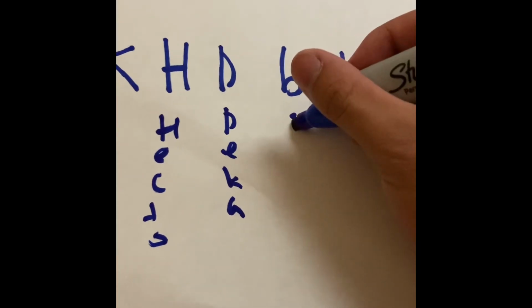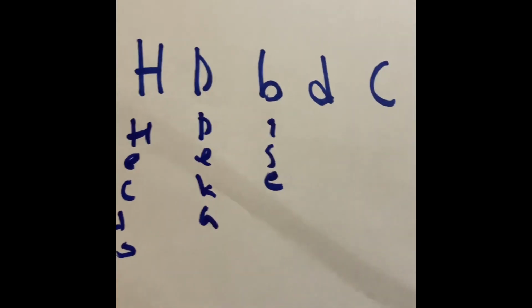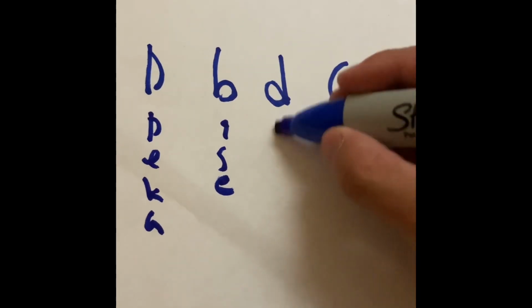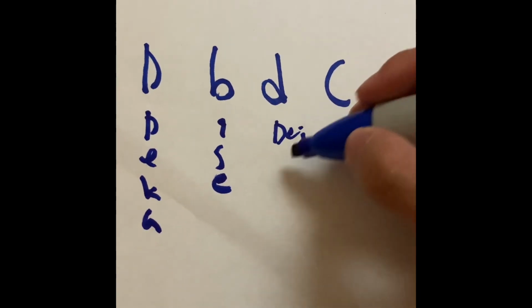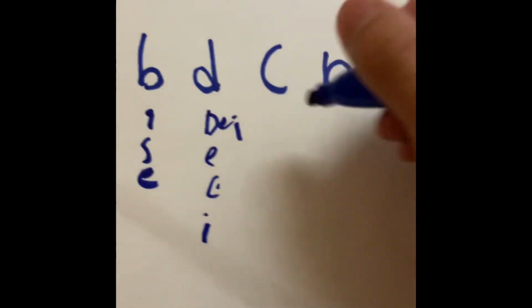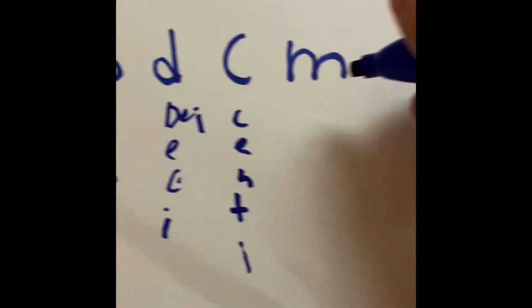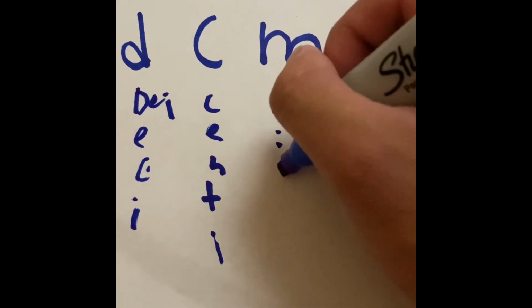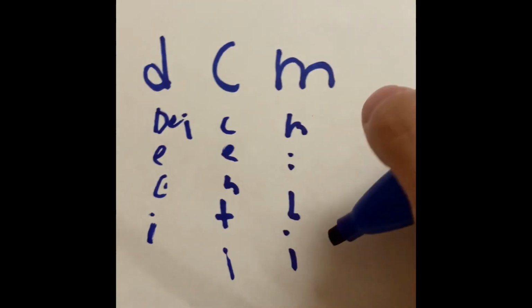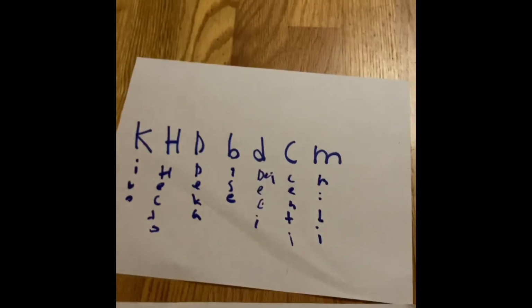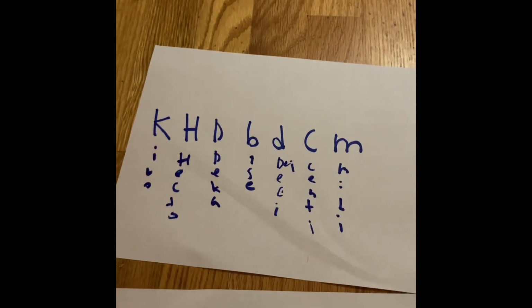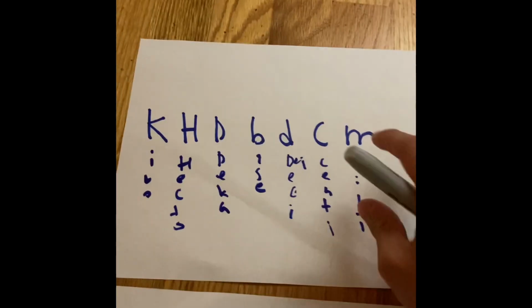This is the base, like meters. This right here is deci. This is centi, like centimeters, and this is milli, like millimeters.